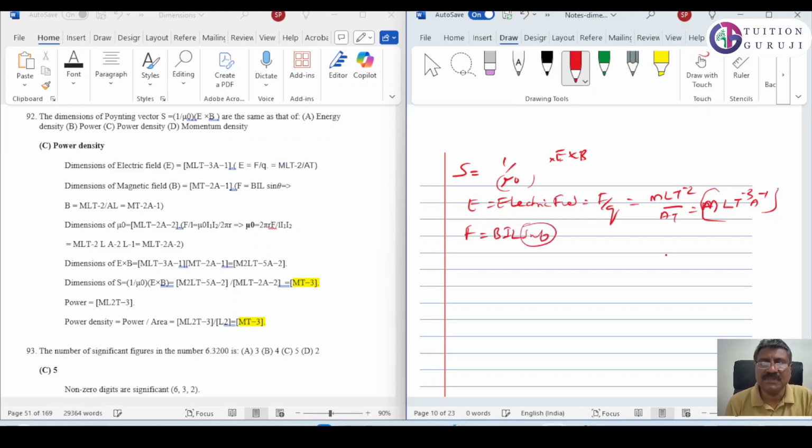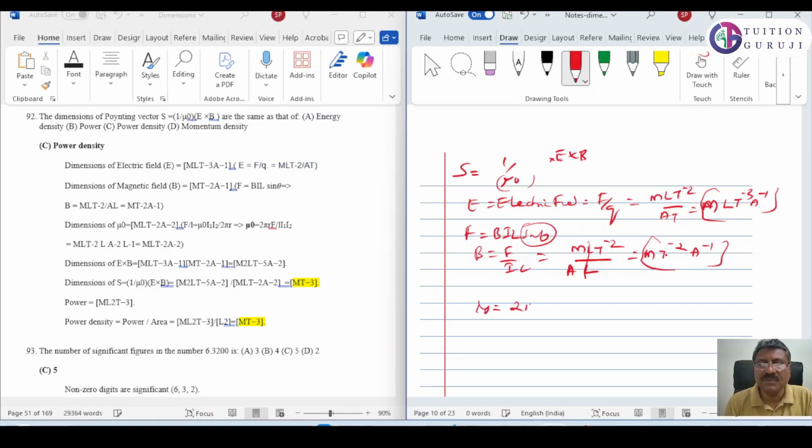Sin theta has no dimensions. So B is equal to F by I L, which is M L T raised to minus 2 divided by A into L. So L and L will get cancelled. Then M T raised to minus 2 A raised to minus 1. So we got the dimensions of B and E.